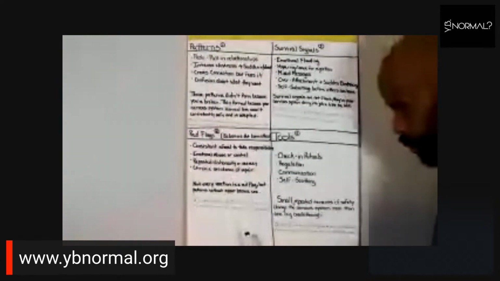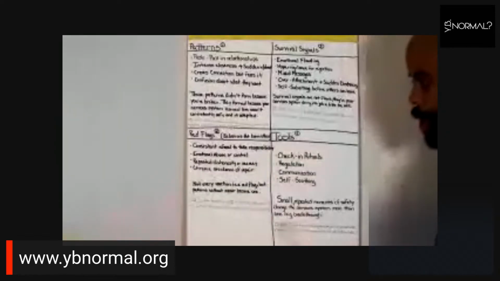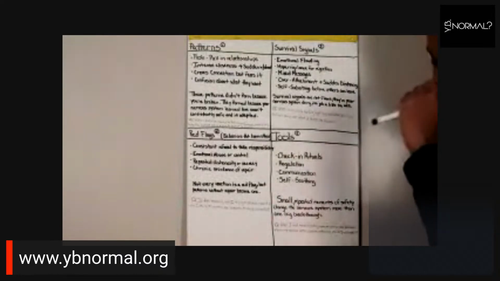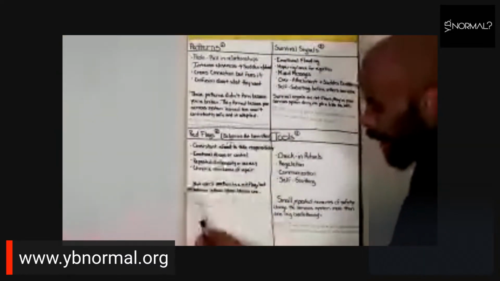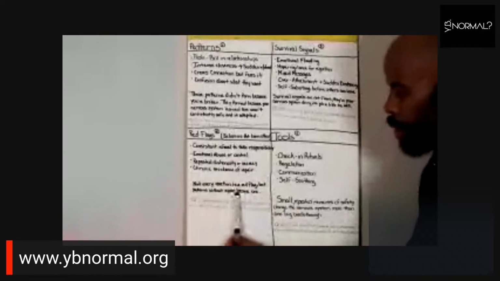All right. Not every reaction is a red flag, but patterns without repair become one. My God, that's a bar. I'm gonna let that marinate and sit in y'all spirit for a second. Not every reaction is a red flag, but patterns without repair become one.